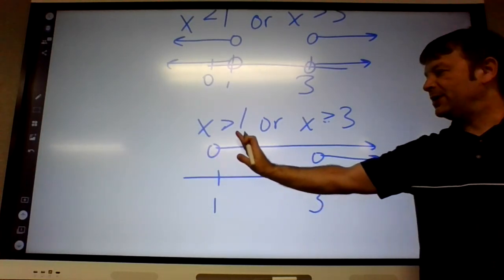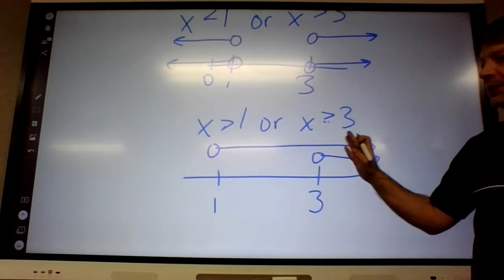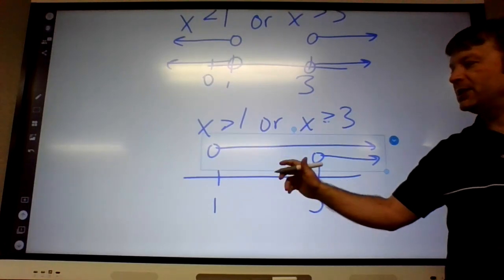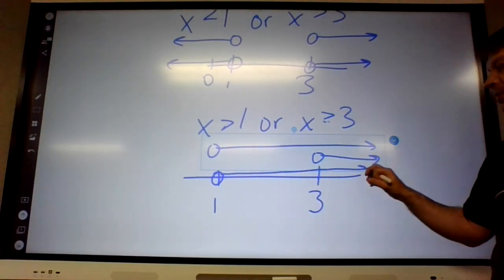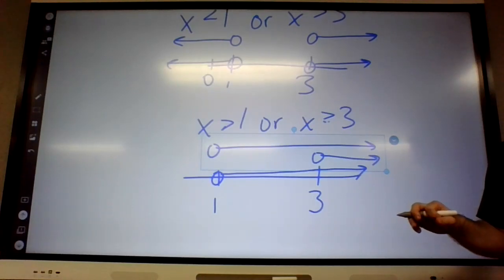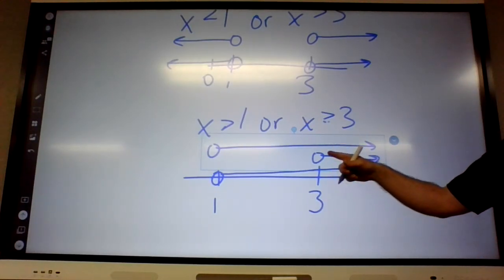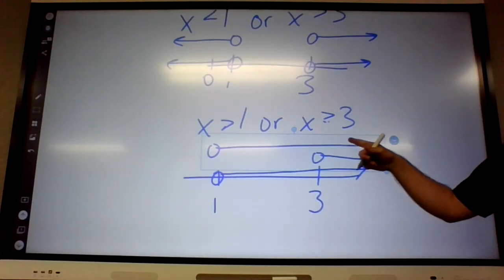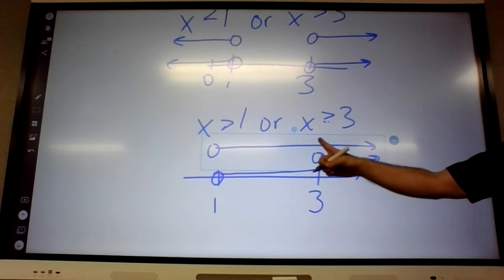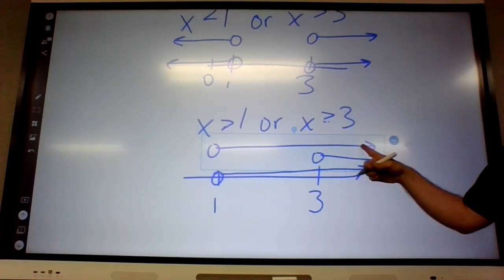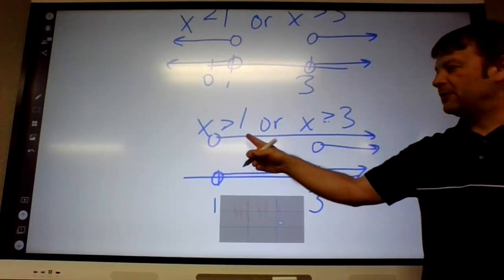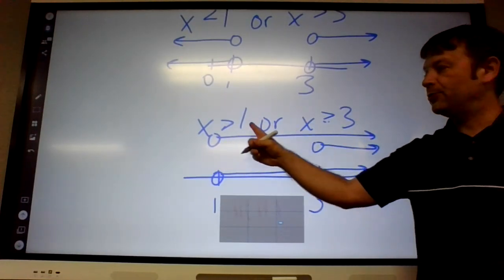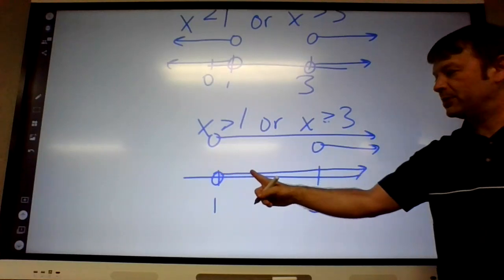So basically, if either line is covering, that's going to be included in the answer. So the final answer would be all the numbers greater than 1. Okay. Yesterday when we did and, it was only where they were both at. So it would have just been greater than 3. But today, when we're doing or, if either one is covering it, it's going to be part of the answer.